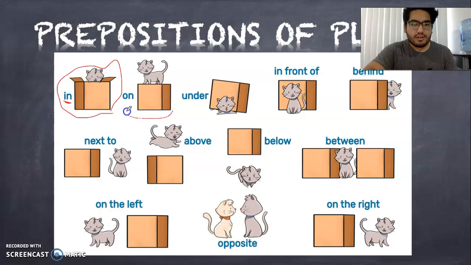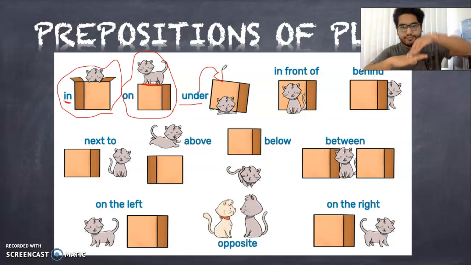We have on, that means he's on the box, as you can see. Under, like he's right here, under.